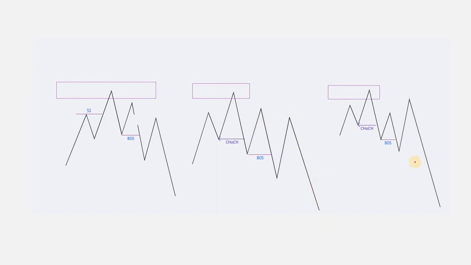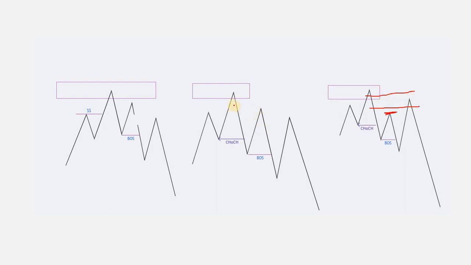Sometimes you can see that even after the change of character and the break of structure, price could still violate this high, because there might be some liquidity that price wishes to grab. So take note of that.